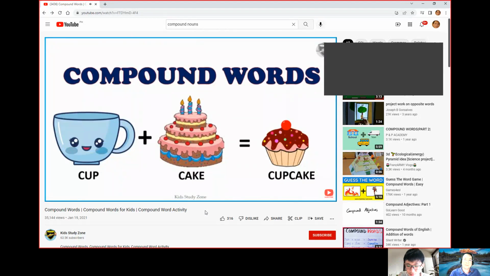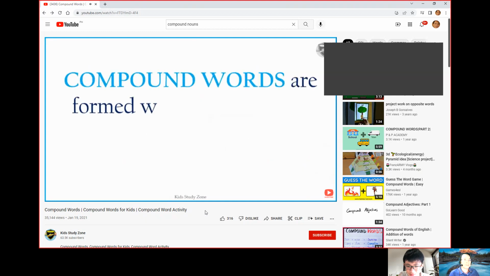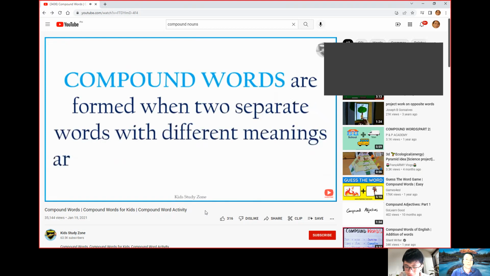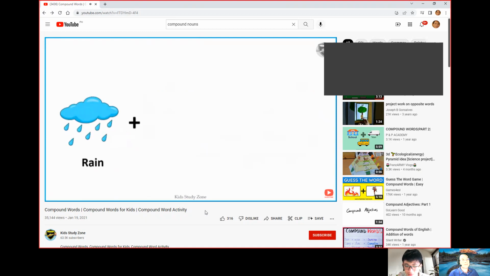Let's learn compound words. Let's see the definition of compound words. Compound words are formed when two separate words with different meanings are joined to make a new word. Let us see this with the help of some examples and pictures. Rain plus bow.